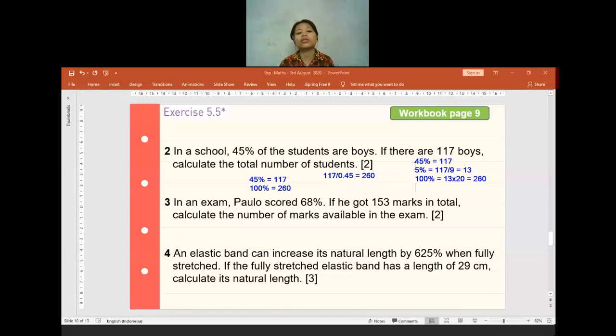Yeah, if you want to use 117 divided by 45 times 100, not times 100%, because we are going to find the number of students, so there will be no percentage on it. 117 divided by 0.45 is the same as 117 divided by 45, and then later for the final answer I multiply by 100.